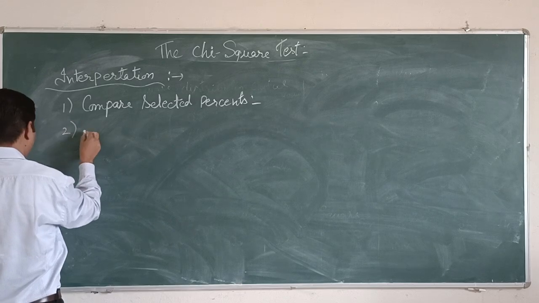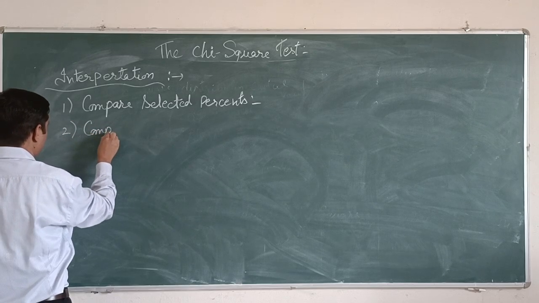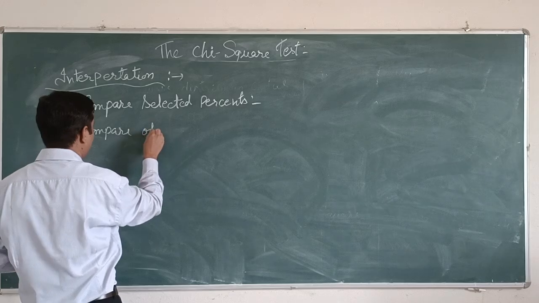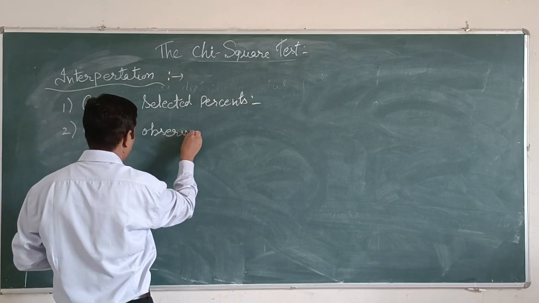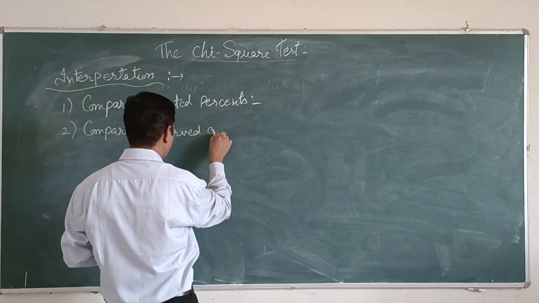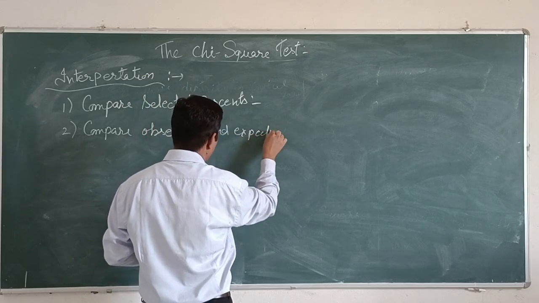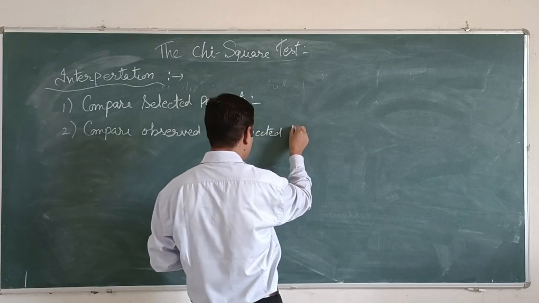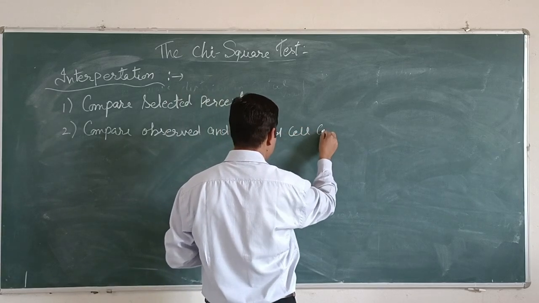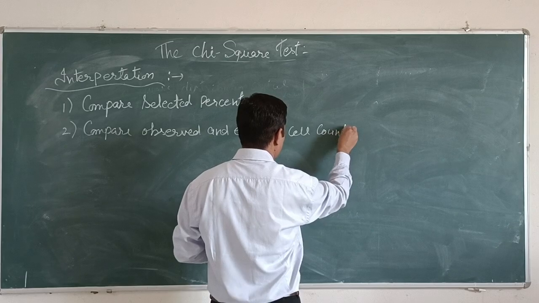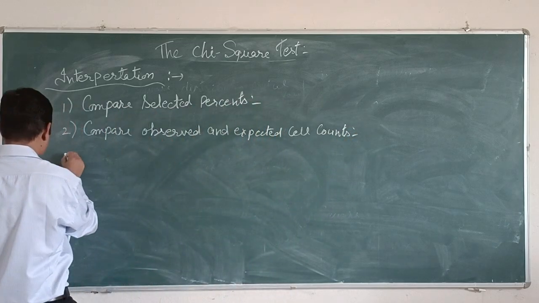The second one is to compare observed and expected cell counts.